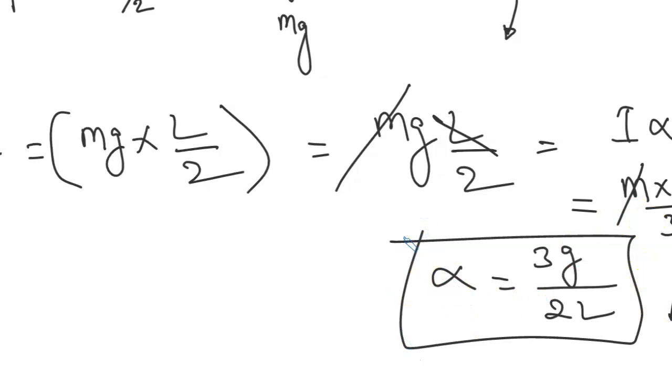Let me just check. Alpha is equal to 3g by 2L.